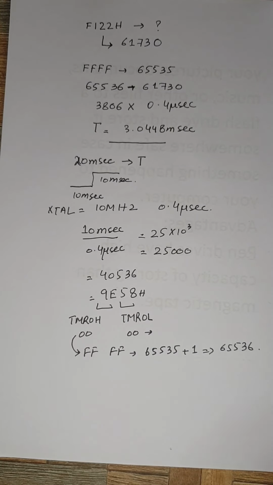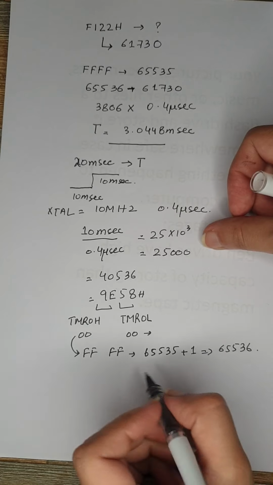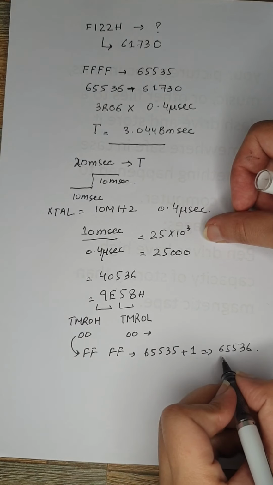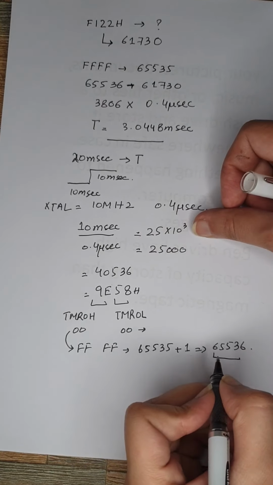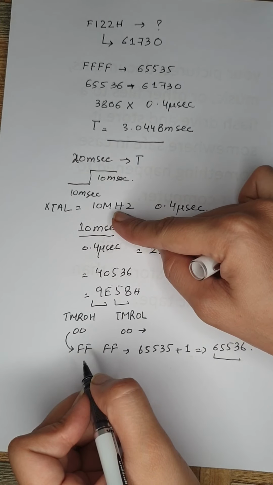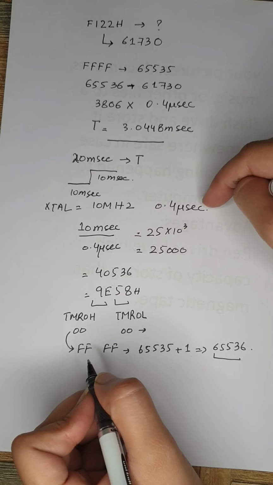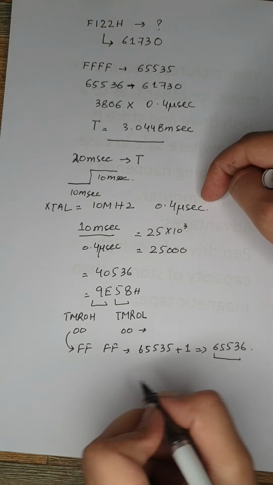So the timer will actually count from 0 to 65536, or the total number of the counts will be 65536. If the external crystal oscillator is attached with the 10 megahertz frequency, then we will get the time delay of 0.4 microsecond for each tick.